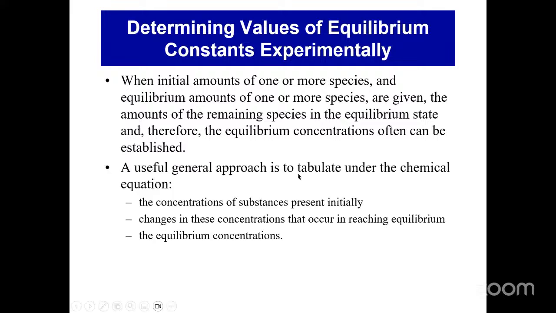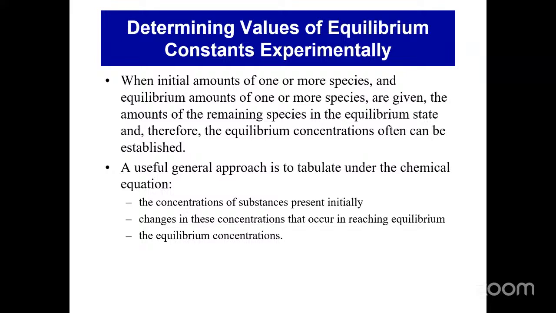As stated here, when you have the initial amounts of one or more species and the equilibrium amounts of one or more species, then we can determine the amounts of the remaining species using the stoichiometry of the equation.